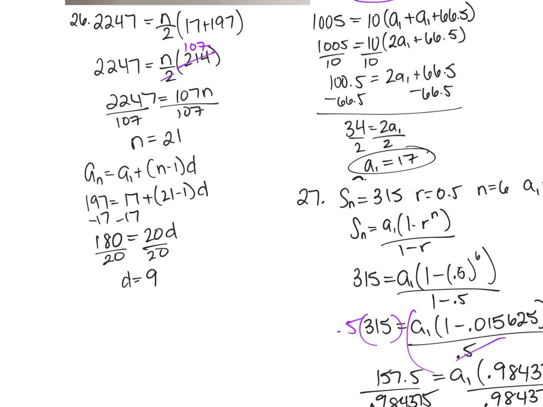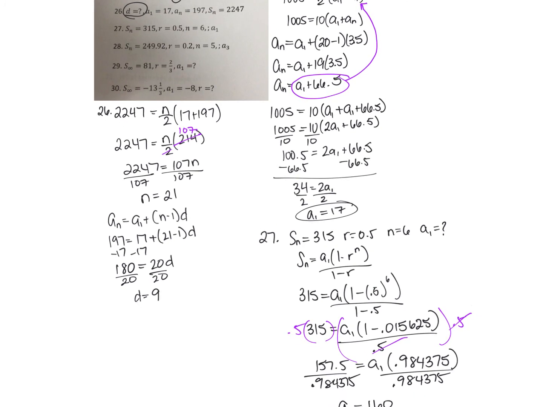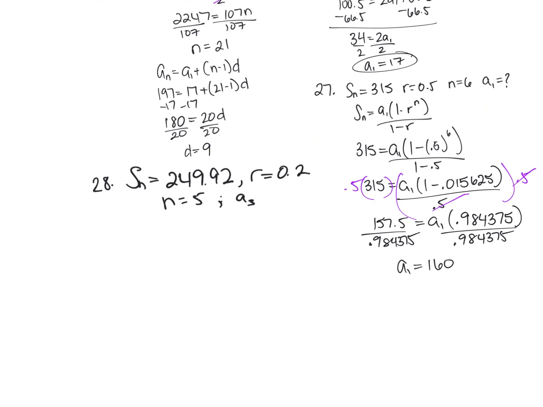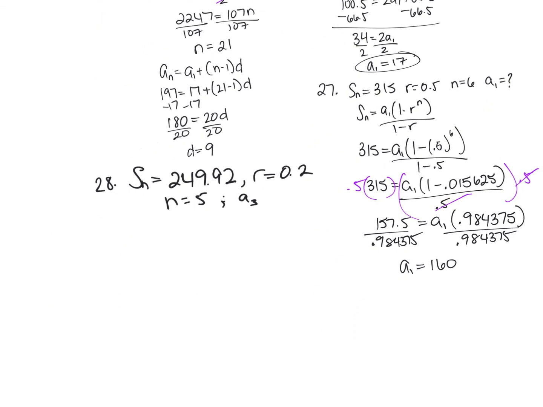All right, let's look at number 28. 28 says S_n is 249.92. r is 0.2. n is 5. Find a_3. In order to find a_3, I've got to know a_1. I have r, n and S_n. If it's r, it's geometric.